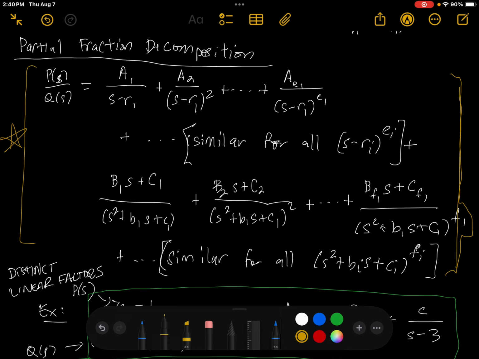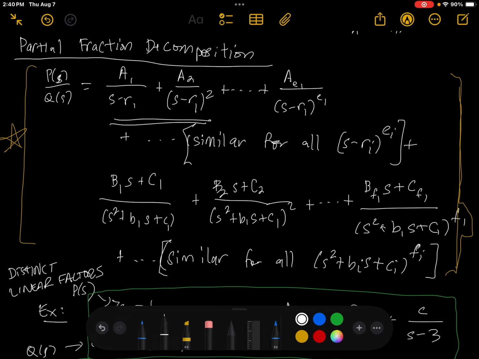So our Q of s, our denominator, is s minus 1 in parentheses squared times s plus 3. So in this case, the s minus 1 is going to go out to s minus 1 in parentheses squared. Other than that, it's pretty much the same.